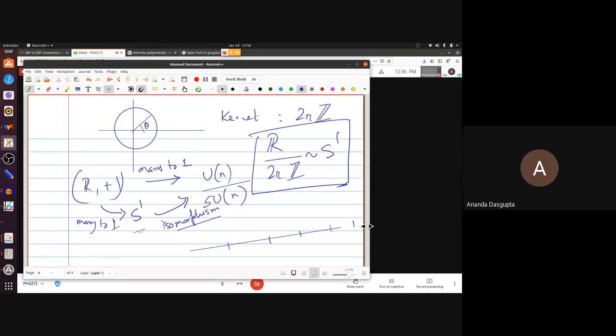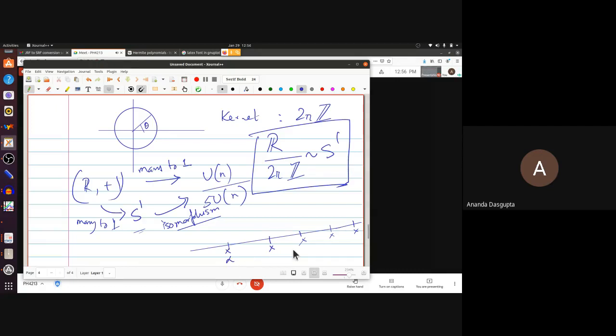But in a homomorphism, what happens? Typically, multiple elements can map onto the identity. But if you take all of those points together, identify them as a single element, and do it consistently with the group multiplication law, you ensure that only one element maps there. So in a way, you're saying this point was mapping to e to the i alpha, this was also mapping to e to the i alpha, and so on.